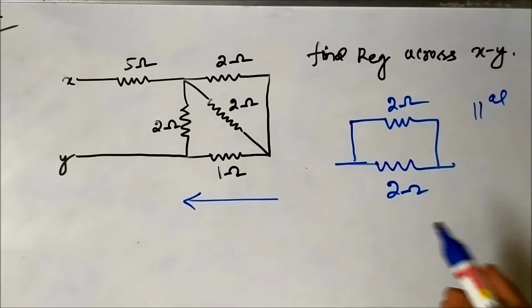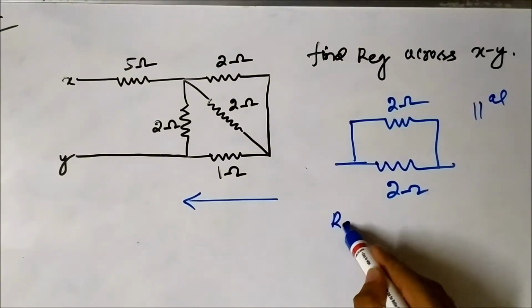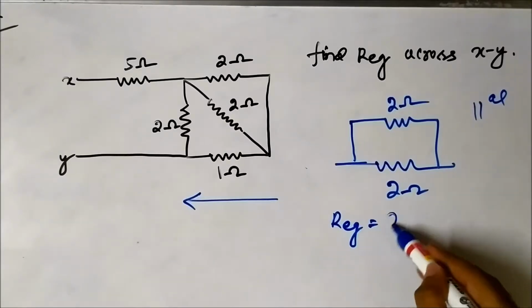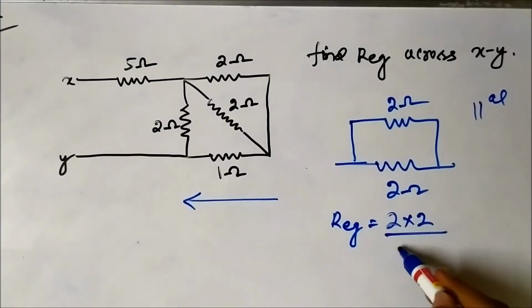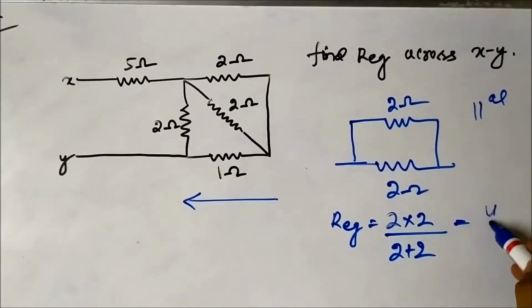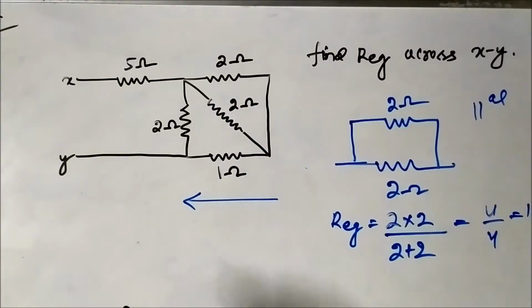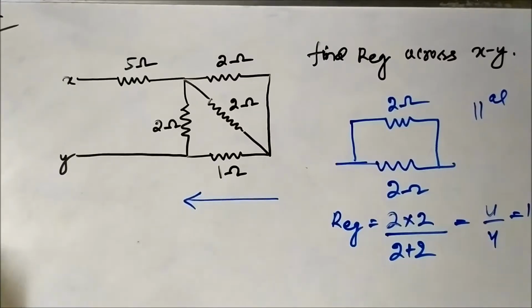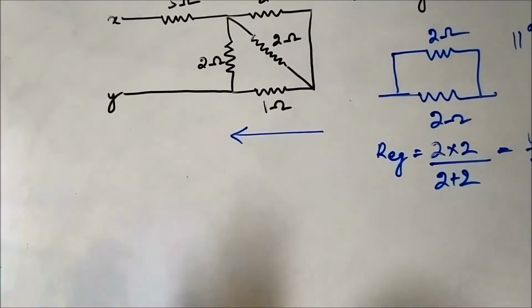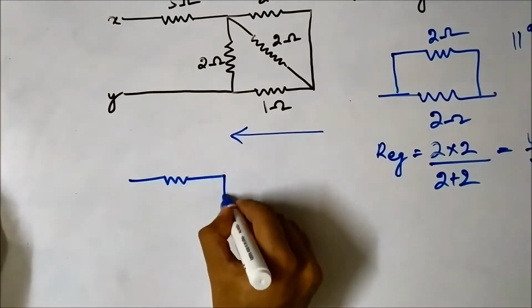Now, let us calculate the equivalent resistance. R equivalent is equal to 2 into 2 by 2 plus 2, which is equal to 4 by 4, which is equal to 1 ohm. So the equivalent resistance is 1 ohm. If we redraw the circuit, it will look something like this.